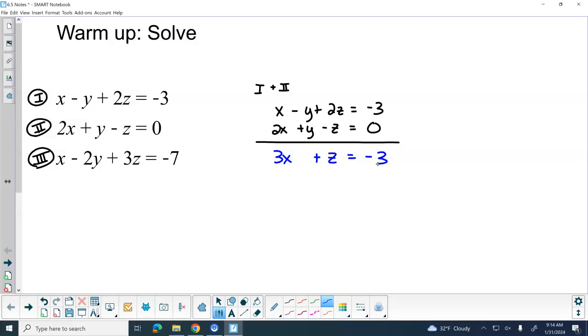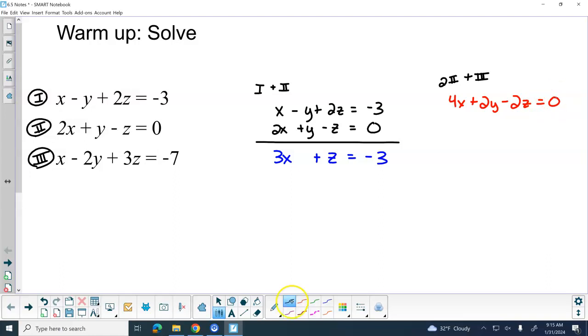Then I could do 2 times number 2 plus number 3. So 2 times number 2 would be 4x plus 2y minus 2z equals 0.